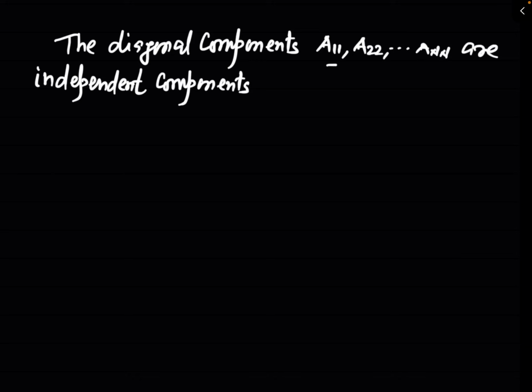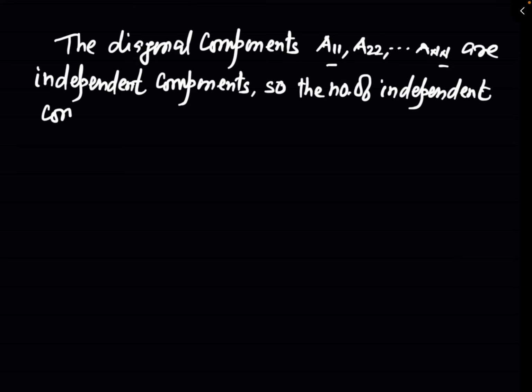And what is its number? You can see this is from 1 to n. It means the total number of independent components, that is the diagonal components, is n. So the number of independent components is equal to n.